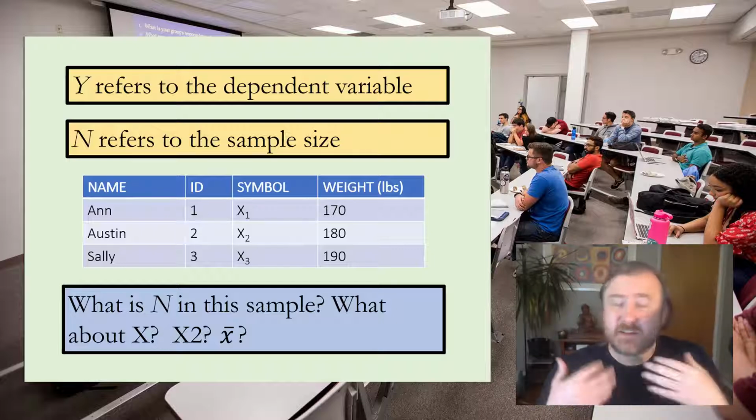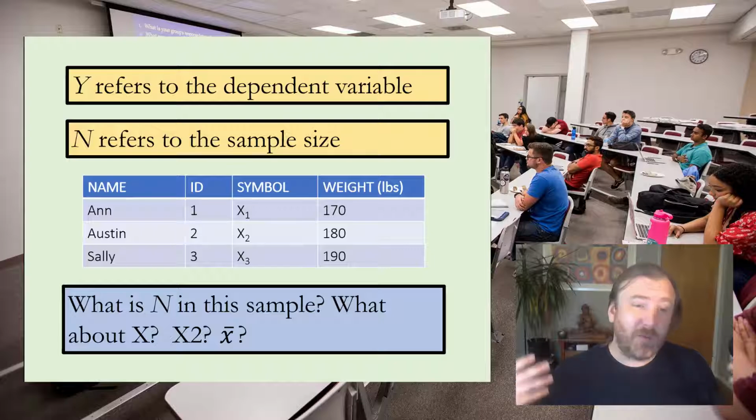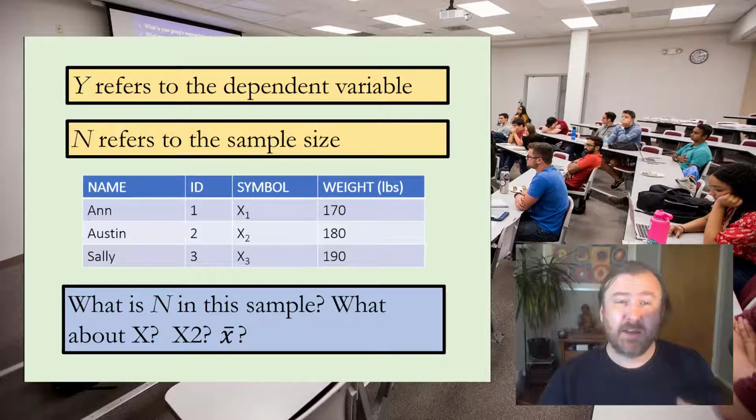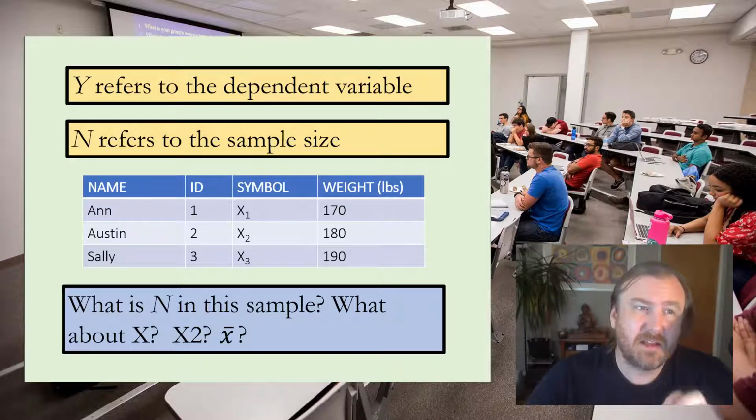What about x sub 2? Well, that's going to be 180. And what about x bar? Well, if we add up 170, 180, 190 and divide by 3, we get 180 as well. So I hope that makes sense. The key thing here is x is the independent variable, y is the dependent variable, x bar is the mean.